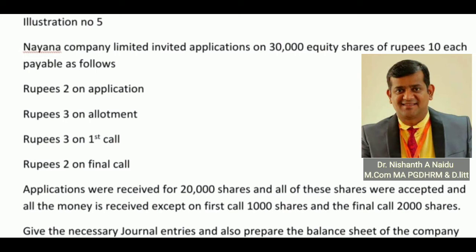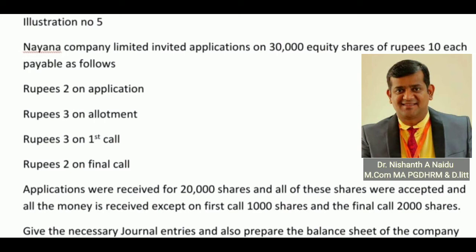One more party is there who could not pay the money on 2,000 shares on final call. So these 3 points we should keep in mind, and the rest of the entries will be the same. Okay, so let us look into the solution, how different this solution is from the problems which you have already solved. So let us open the table.